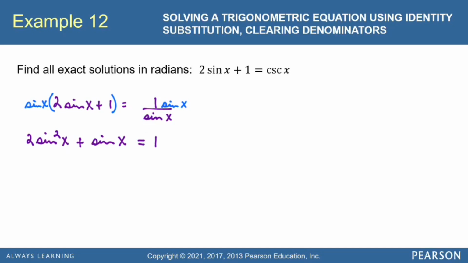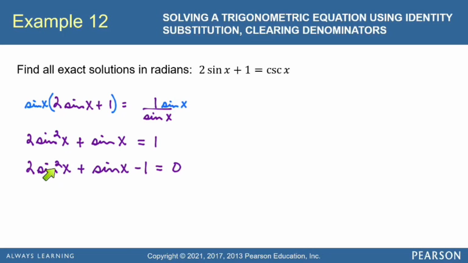Now this equation contains 3 terms, and one of them is squared. That tells us that we're going to have to solve by factoring a trinomial. In order to do that, we will need to have 0 on the right side of the equation. So let's subtract 1 from both sides.